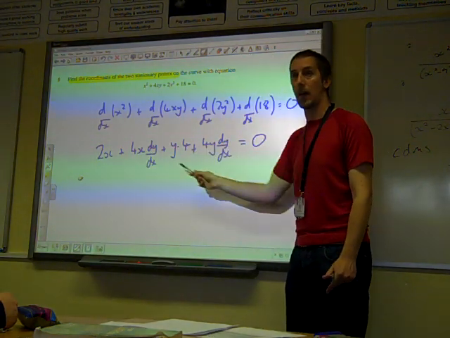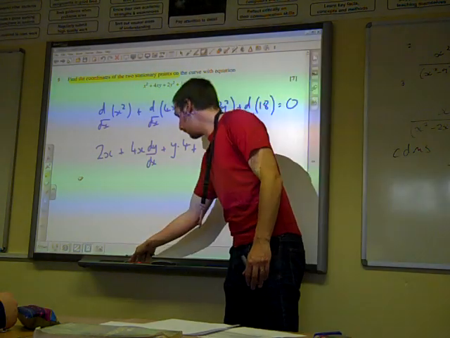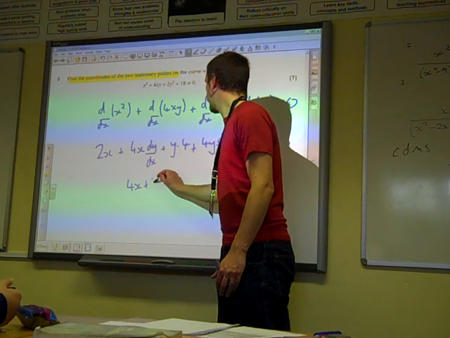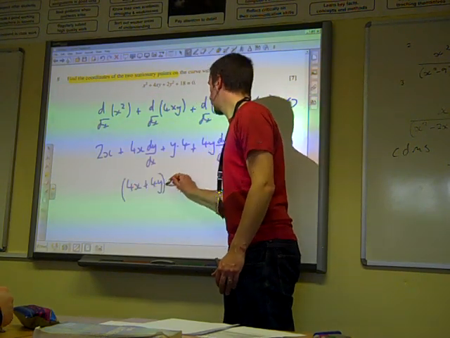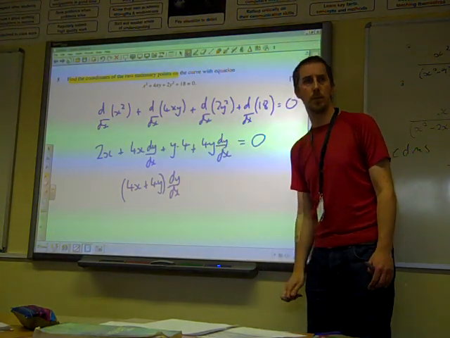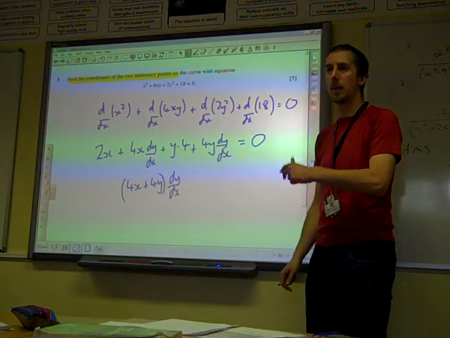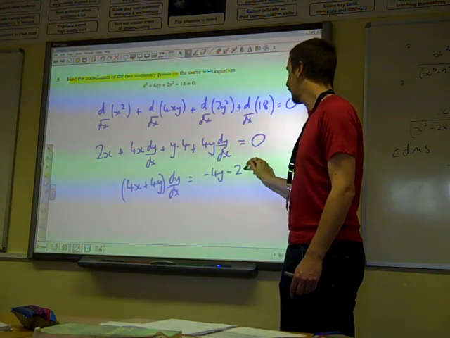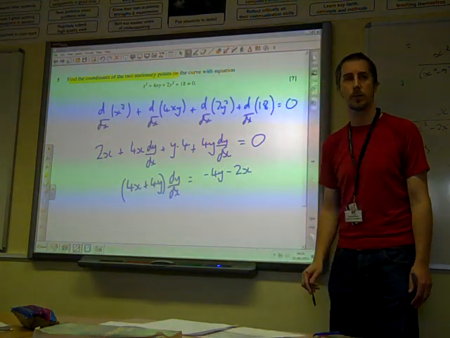We have to collect together the dy by dx terms, and so we've got 4x plus 4y dy by dx's, if we add the bits together there. And let's take the other bit to the other side. We've got minus 4y minus 2x.